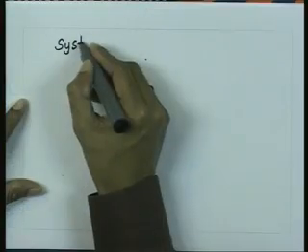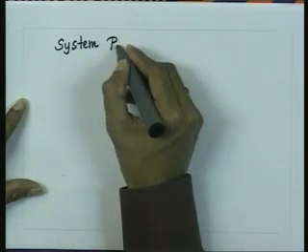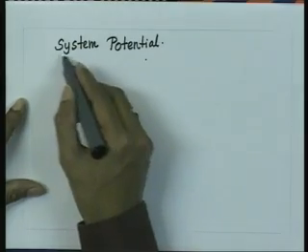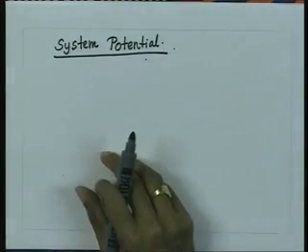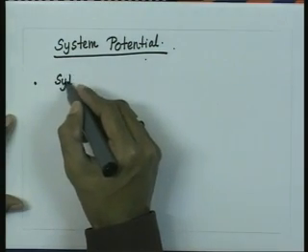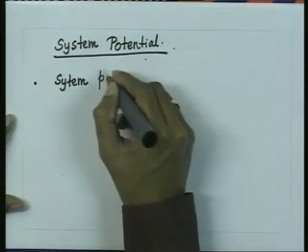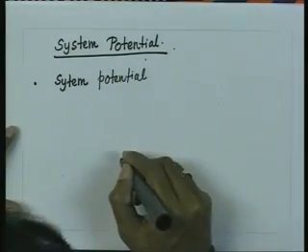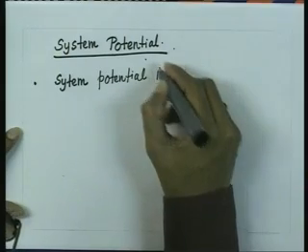So we define the system's potential P(t), and we say that the system's potential is a non-decreasing function of time t.